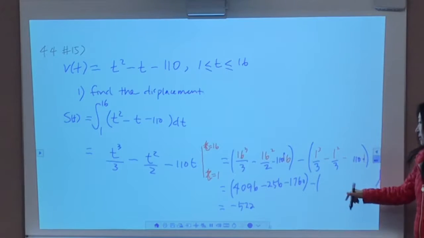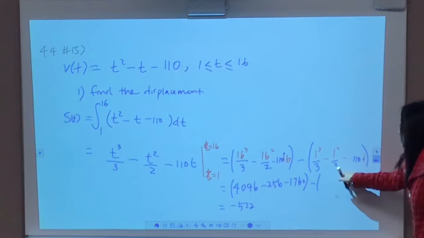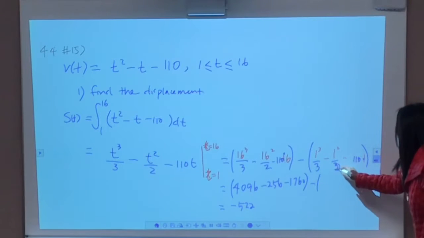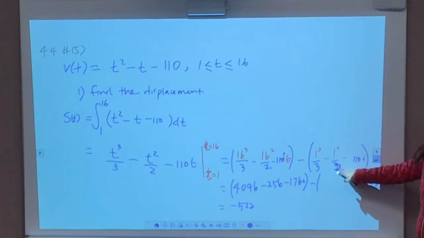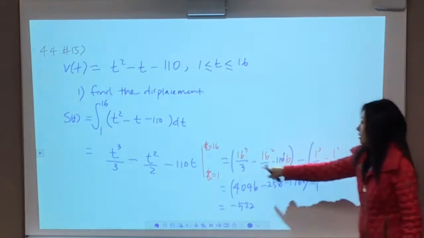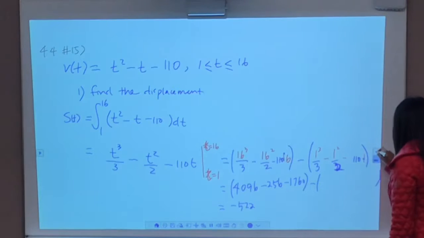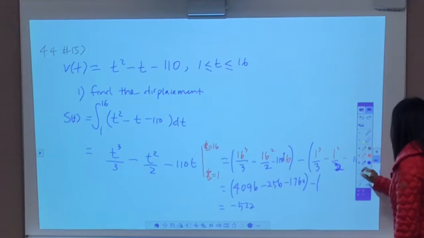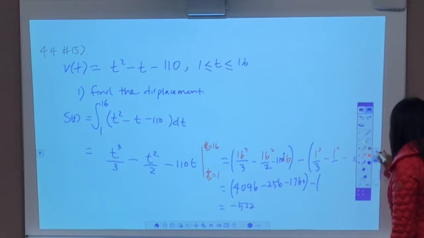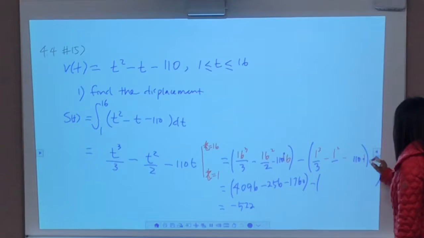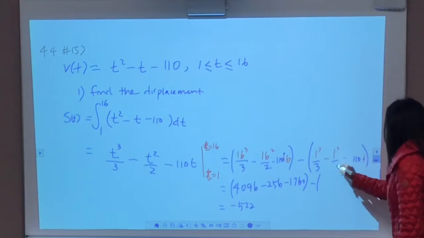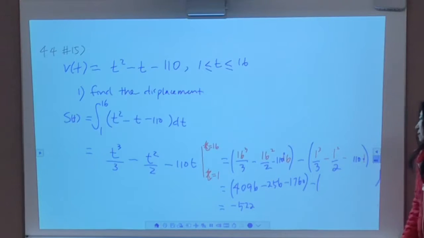Okay, what about here? Hey, class, I made a mistake. This is supposed to be 2, right? It's t cubed divided by 3, and t squared divided by 2. It's a 2 here. So 1/3 minus 1/2 minus 110. That should be a negative number.